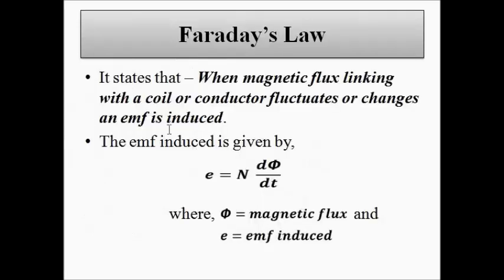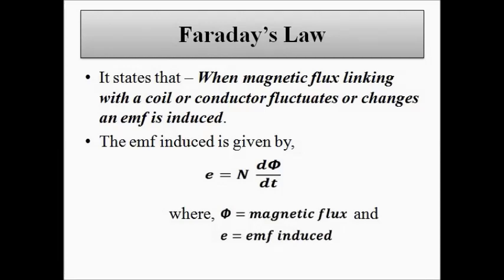So the magnitude of that EMF is given by the mathematical expression E = N dφ/dt. So here E is the EMF induced, φ is the flux, and N is the number of turns of the coil.